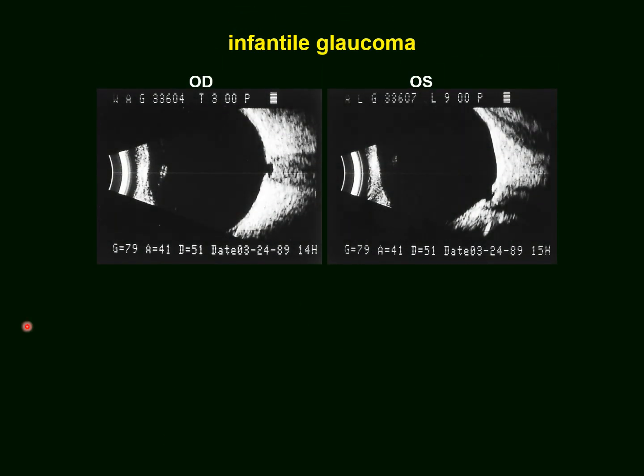B-scan echograms from infantile glaucoma. The right eye, this is a transverse section of the 3 o'clock posteriorly. Left eye, a longitudinal section of the 9 o'clock posteriorly.